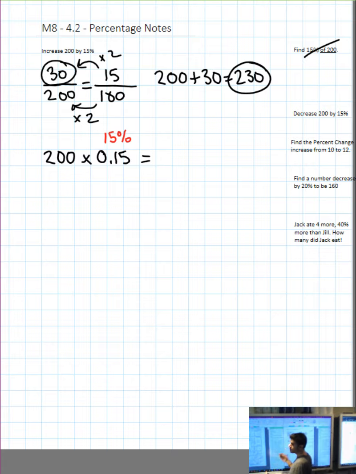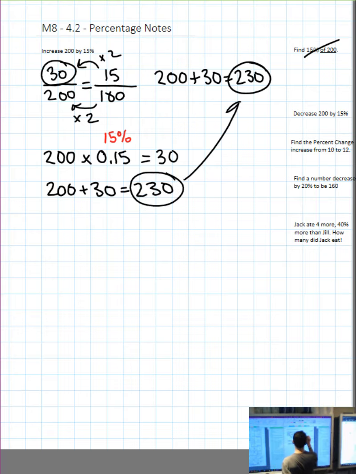You can do long multiplication, I'm just using a calculator for simplicity, but we get 30. Now, we're going to take 200 and add the 30 to it, just like we did above. 200 plus 30 is equal to 230. The same answer. Now, there must be a better way.